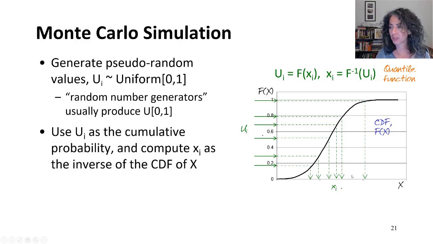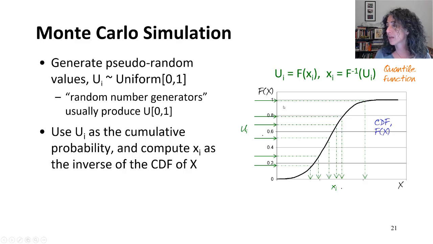So the result of that is going to be my X's clustered, more of them in the center and fewer of them out in the tails. And then if you can imagine doing a histogram of those values, it's going to be shaped with more in the middle and fewer out on the tails, like my original distribution, right? So this is how we're going to generate a sample that matches the PDF that we started with, right?